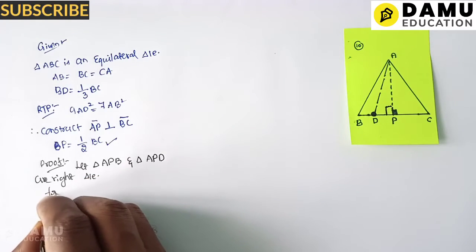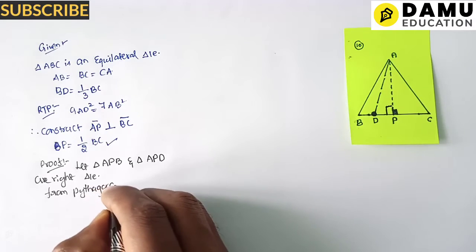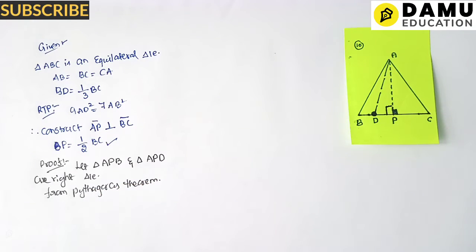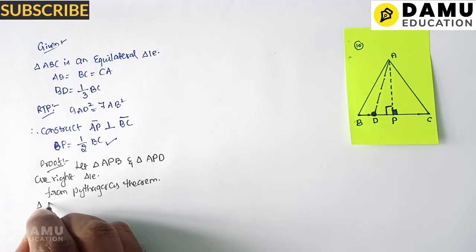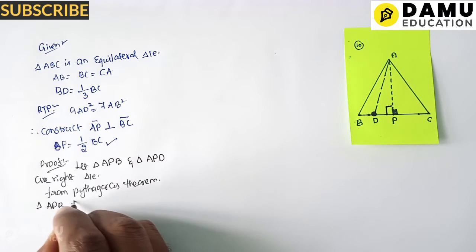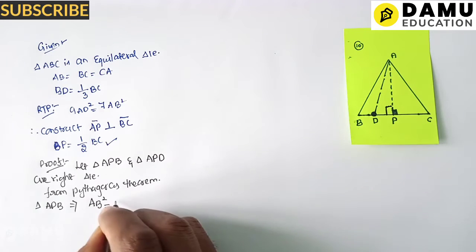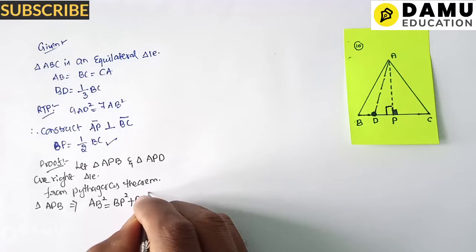So from Pythagoras theorem, what you can write here is, from both the triangles: from triangle APB, the hypotenuse square, AB square, will be equal to BP square plus PA square.